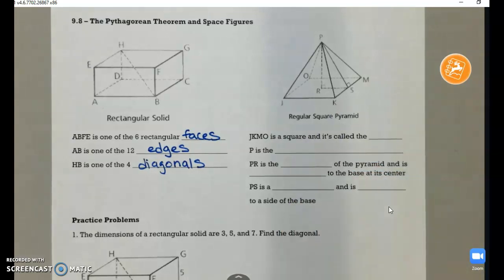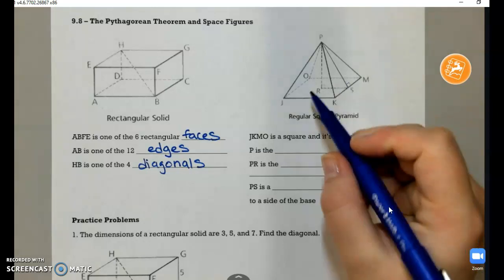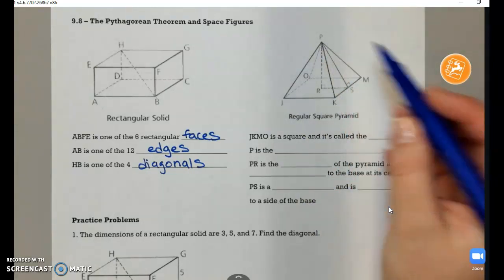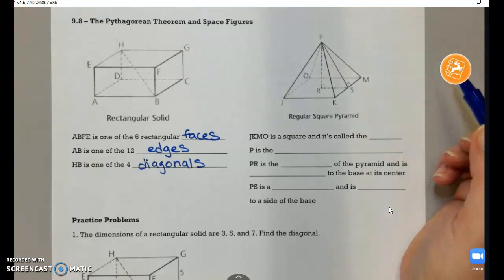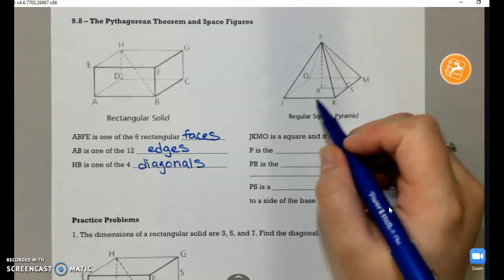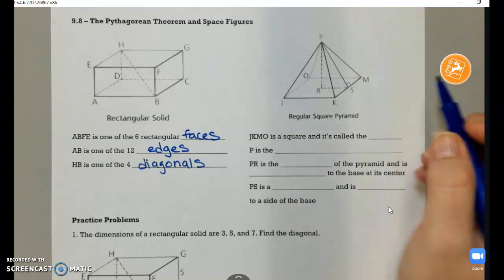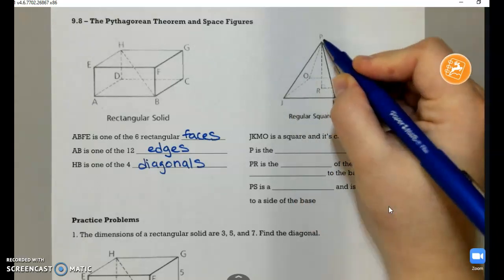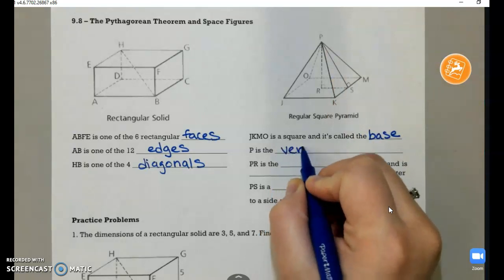The other shape we're going to be looking at are regular square pyramids. So they have a square base and they come up to a point to make a pyramid. So JKMO, the square at the bottom is called the base. P at the top is our vertex.